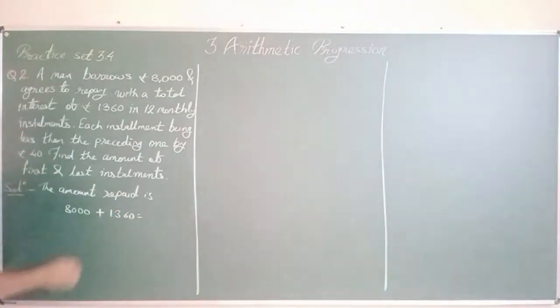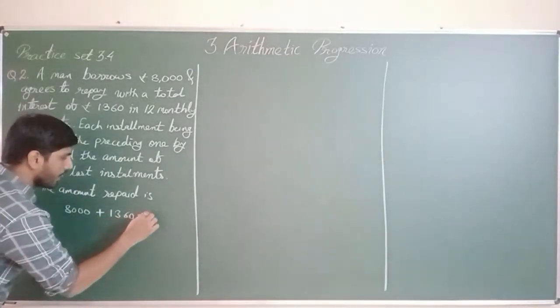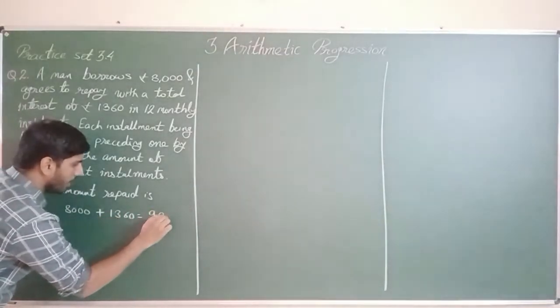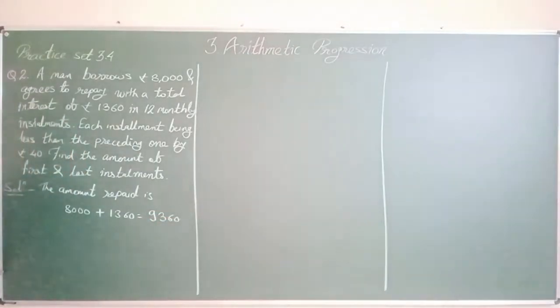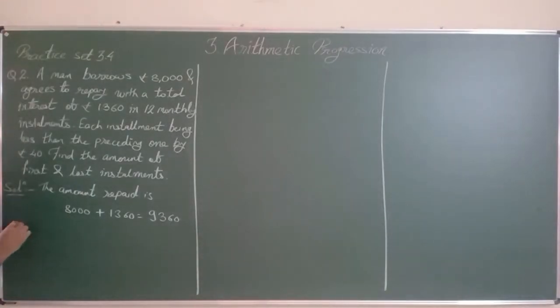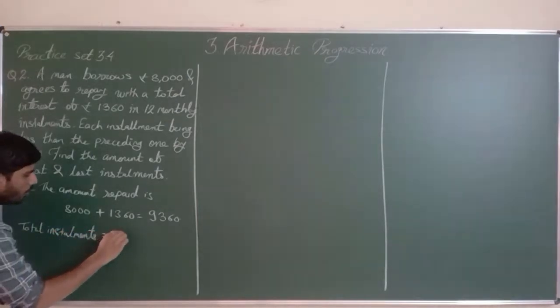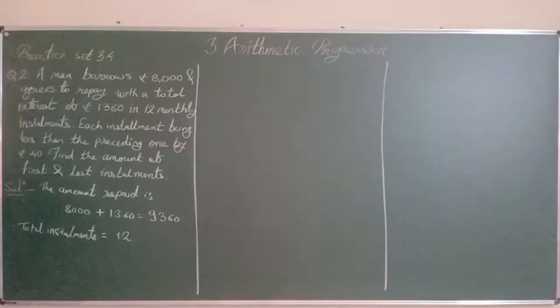That is, total amount repaid is 9,360. Total installments are 12. Therefore, n is equal to 12.